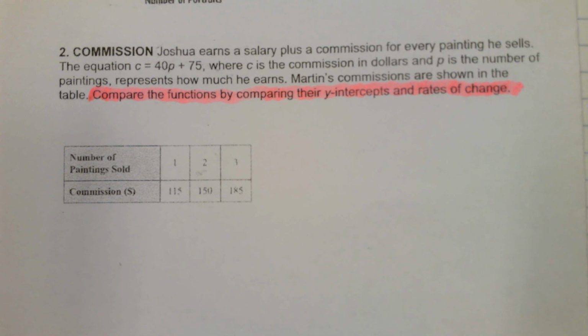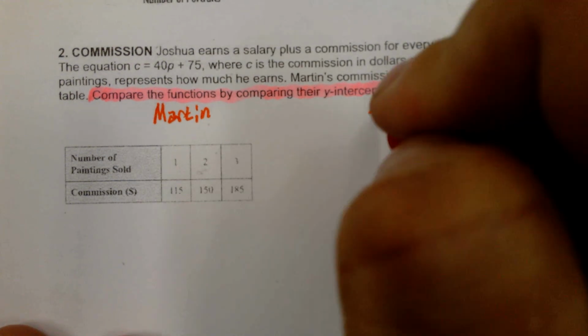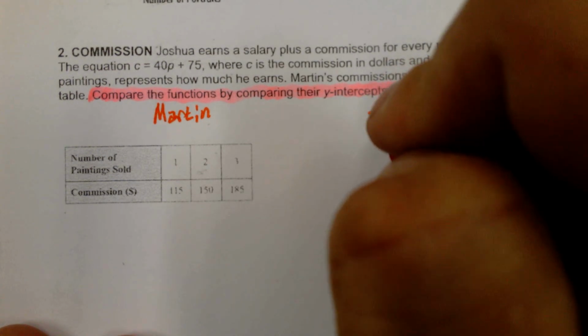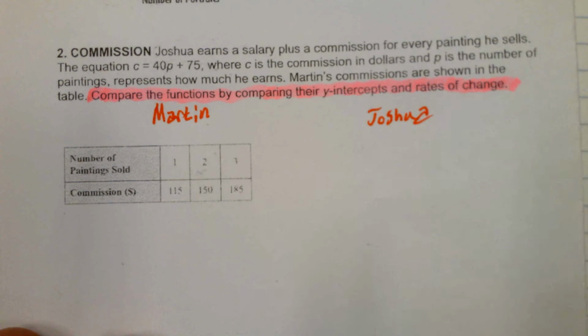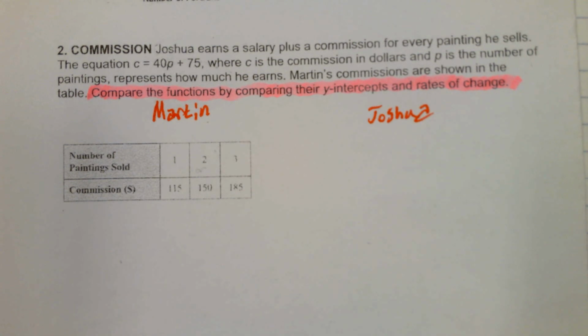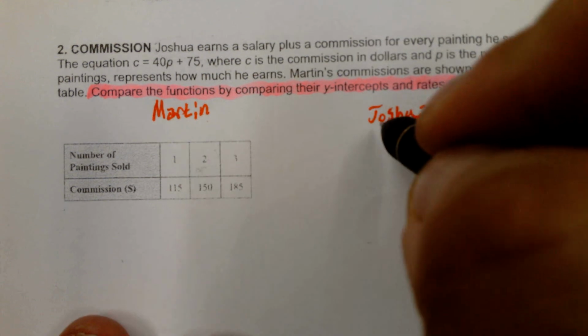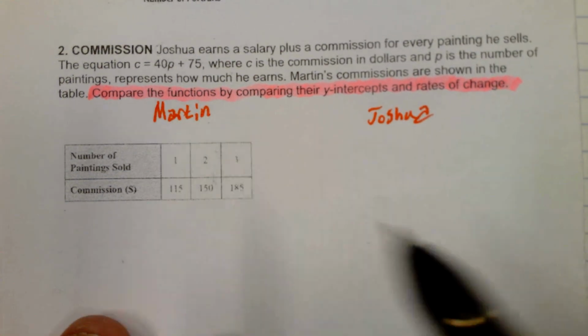Okay, so here we go. Let's start with Joshua. We have Martin here, and we're going to write information for Joshua here. For Joshua, let's write down the function they gave us.